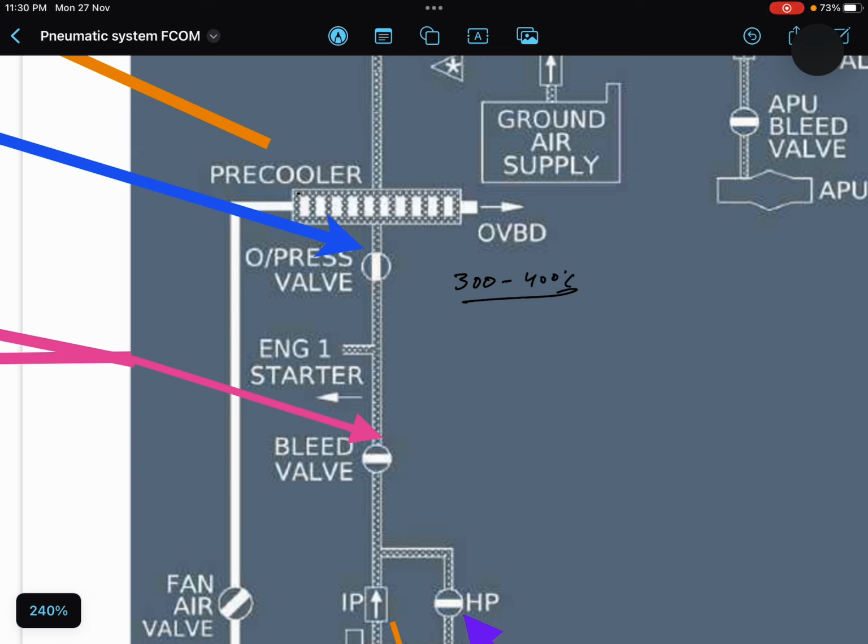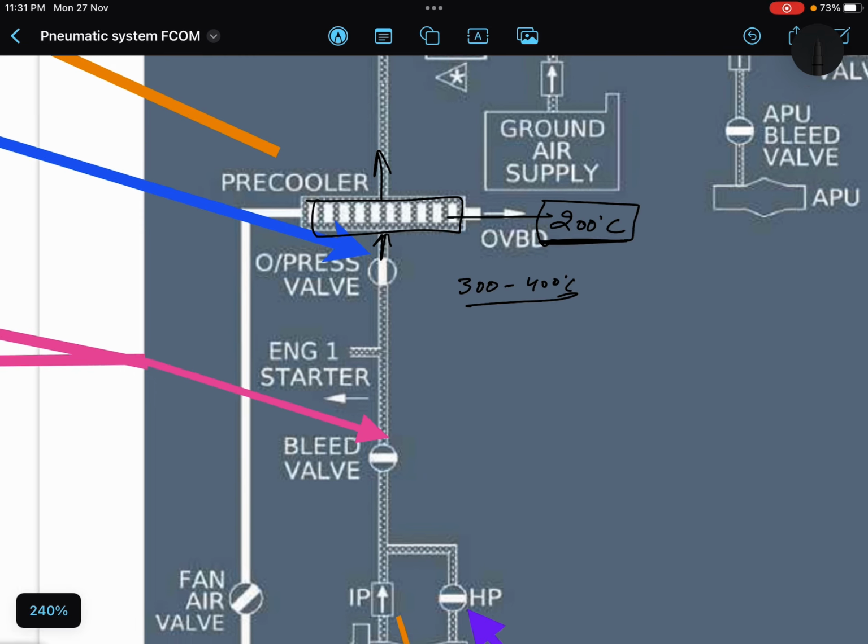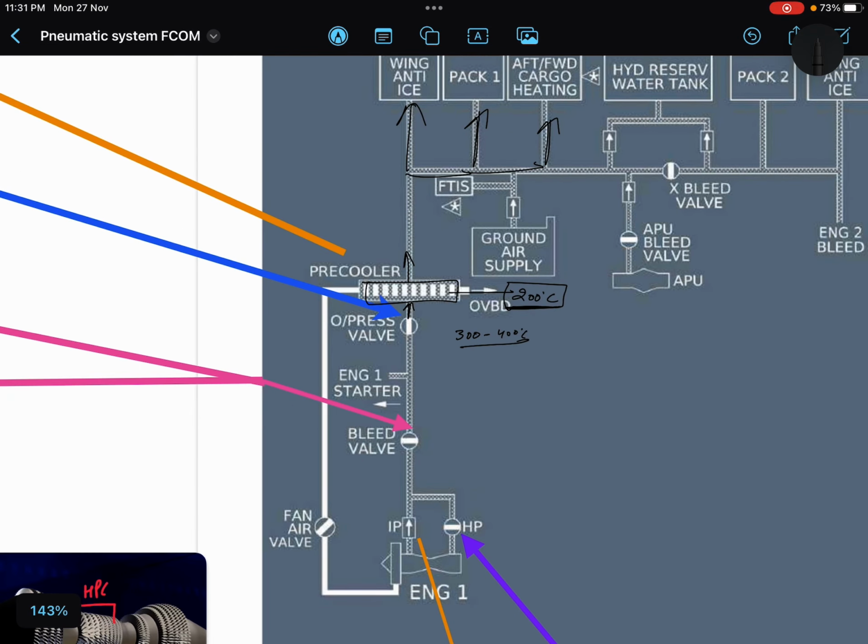So this pre-cooler cools it down to 200 degrees Celsius. This is the correct number. So this pre-cooler makes sure that the bleed leaving the pre-cooler should have a temperature of 200 degrees Celsius. This is written in your book, in your FCOM. Forget the other number. Remember 200 degrees Celsius only.